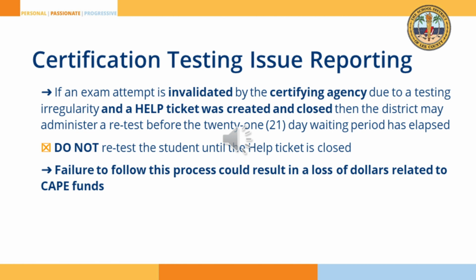You may not test a student until a help ticket is closed. So do not test a student until you hear from CTE that it is okay to test them before that 21-day wait period. If you test a student before that wait period and the test was not invalidated, you will lose the chance to report that certification for CAPE funds.